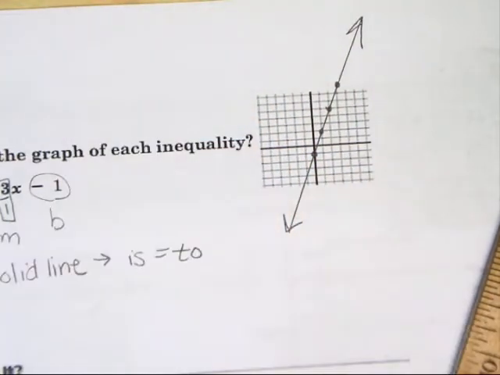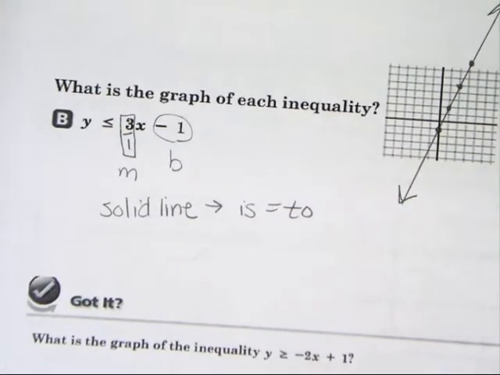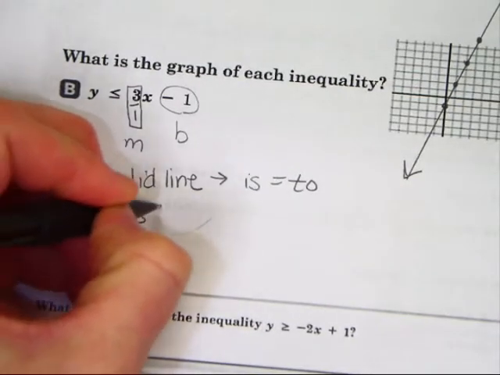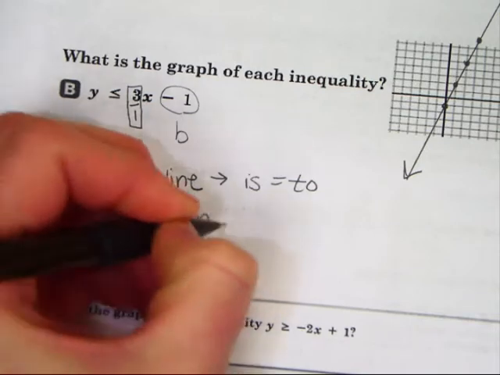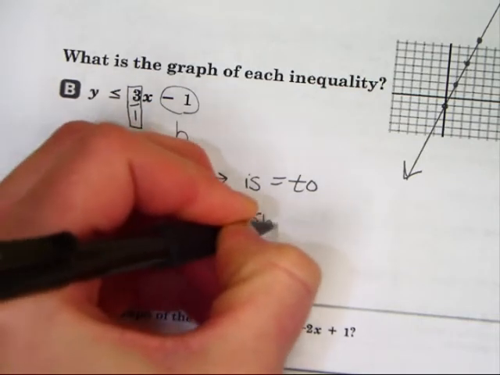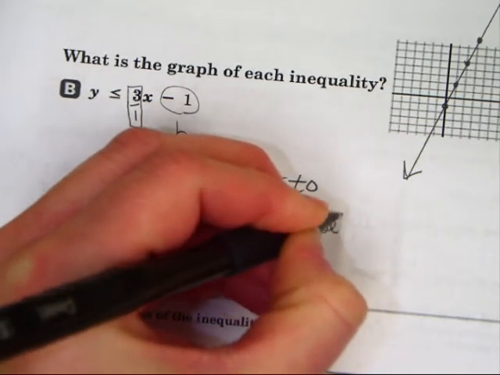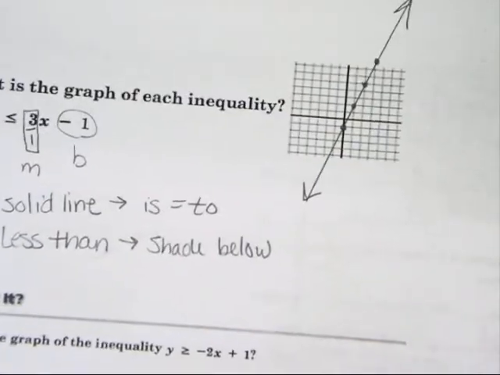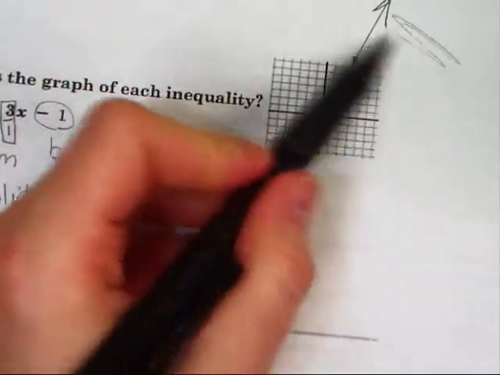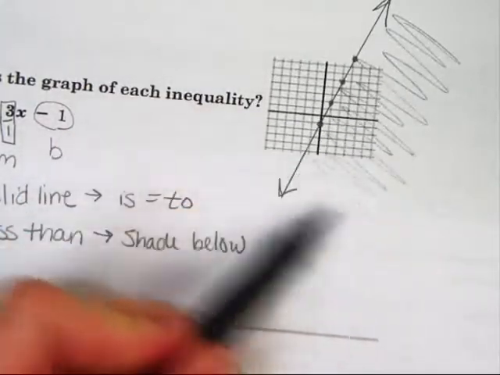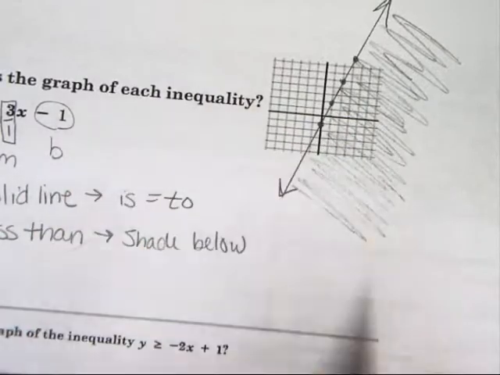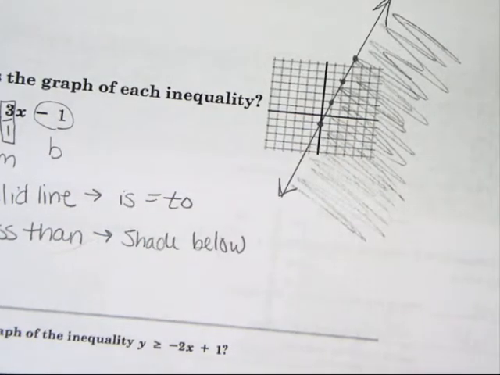But now I have to decide where to shade. In order to decide where I shade, I see that this is a less than sign. That tells me to shade below. So I look at my line, and I pretend my line is falling. Anything over here, it would touch. This is the half plane that you shade approaching your boundary line. I'll show you the test point one more time.